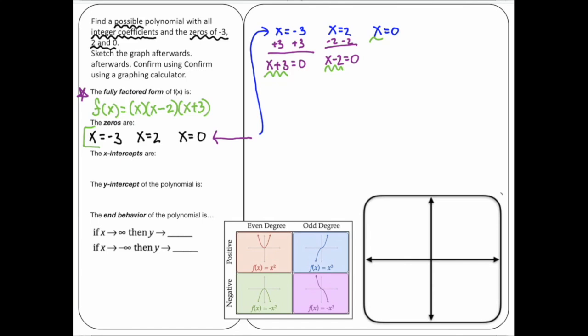Since we know the zeros, that means we know the x-intercepts. So bringing these down, just like we did in the last lesson. Okay. The y-intercept of the polynomial. This is something that we're going to do in a few, but let's go ahead and plug in for ease of calculation right now.